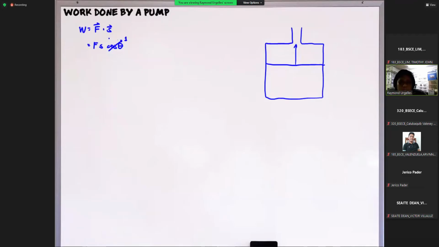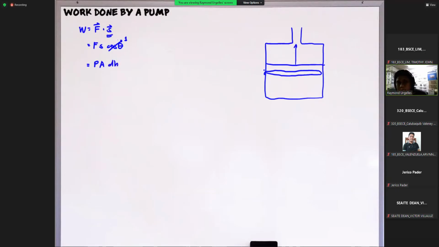Okay? So saan ba equal yung force natin dito? Again, yung force natin dito is just equivalent to pressure multiplied by the area. Okay? Yung area natin dyan is yung cross-sectional area nang pinapump natin pataas. Then this is multiplied by, yung S naman natin dito is simply dH.